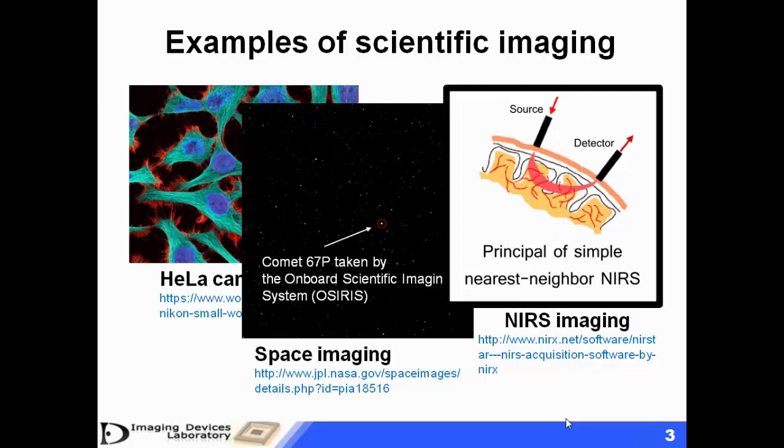This absorbed or diffused signal is detected by the detector. So for realizing NIRS imaging, we require low noise and high sensitivity.